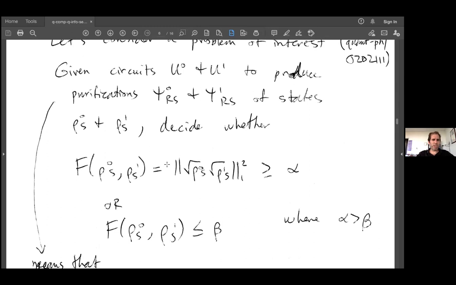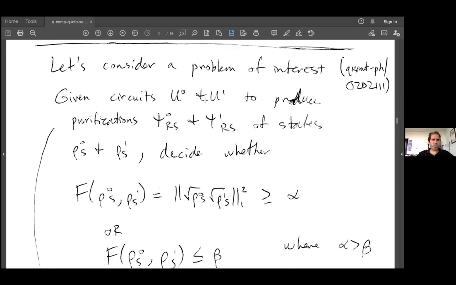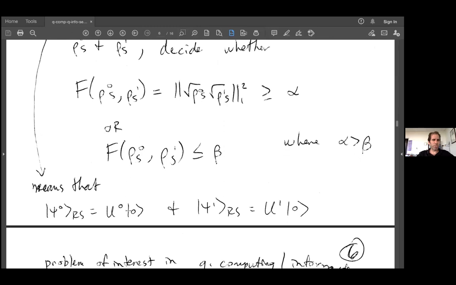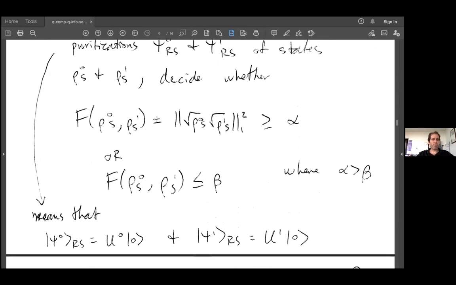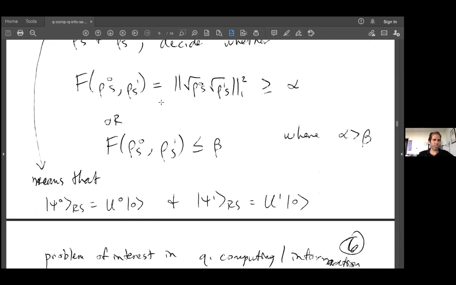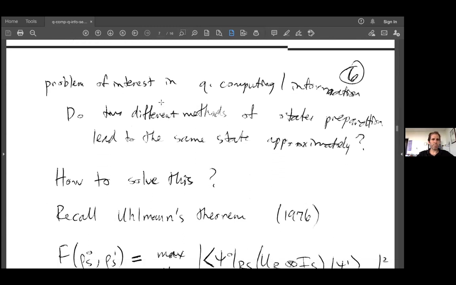So to clarify a bit, what do I mean by circuits that produce purifications? I mean, when U0 acts on the all 0 state, it produces psi 0, and same for U1 producing psi 1. The other thing I want to remind you of is the fidelity is defined like this. I'm going to put the square to make it have a physical interpretation as a probability.